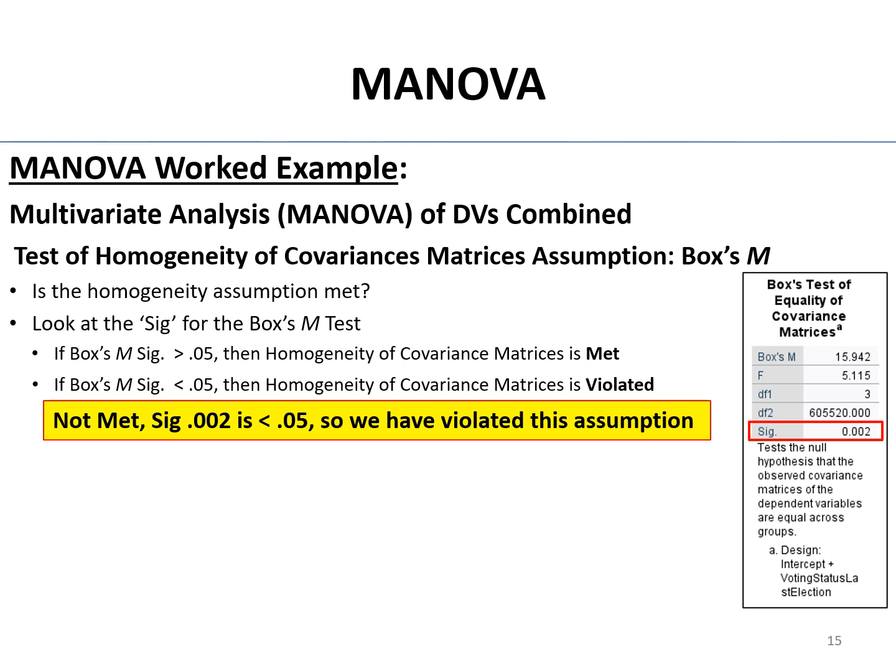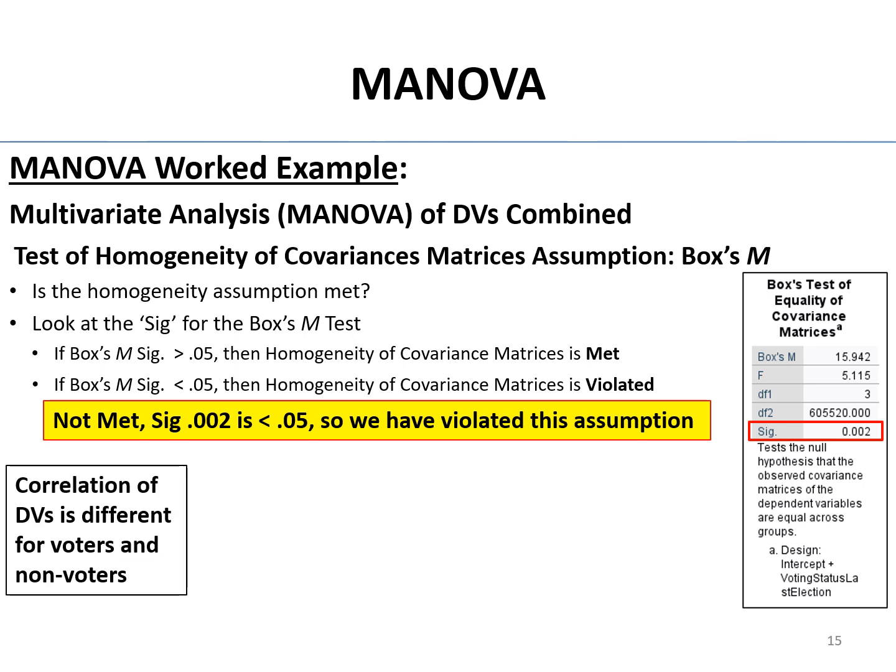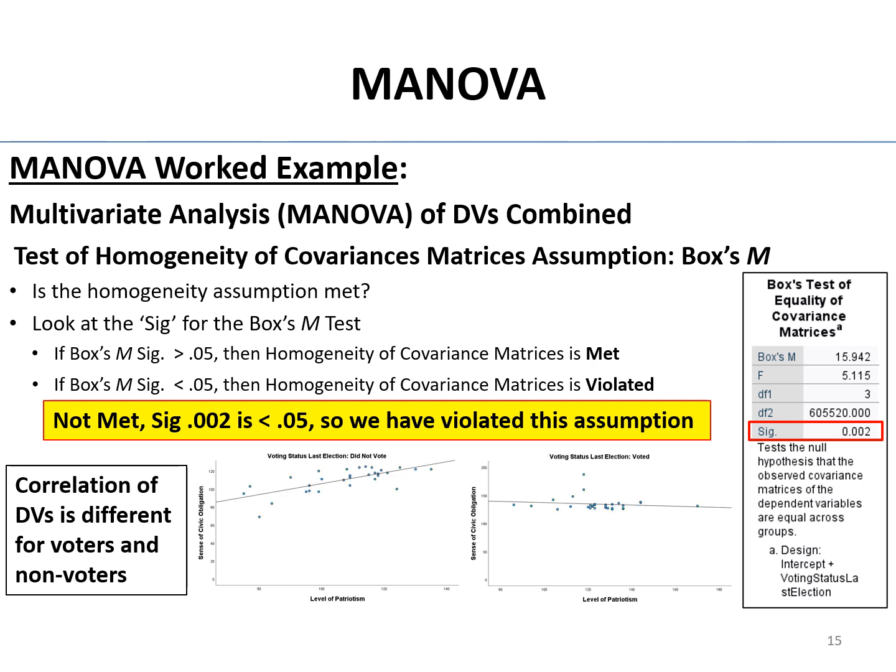So what does that tell us? Well, it tells us that either the variances weren't homogeneous or the covariances weren't homogeneous across the levels of the independent variable. Just to give you a feel for what that looks like, I investigated a little bit. It turns out the correlation of the dependent variables is pretty different for those who voted and those who didn't vote. Here are two scatter plots. On the left, it's those who voted. You can see you've got something like a positive correlation between patriotism and civic obligation.